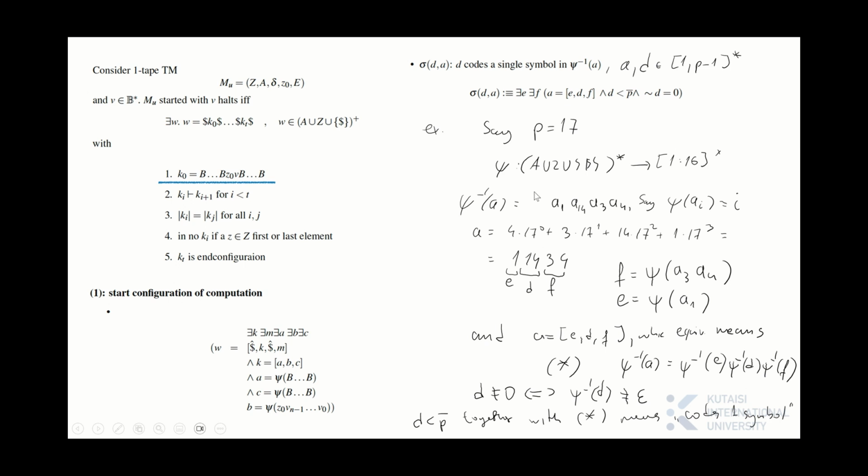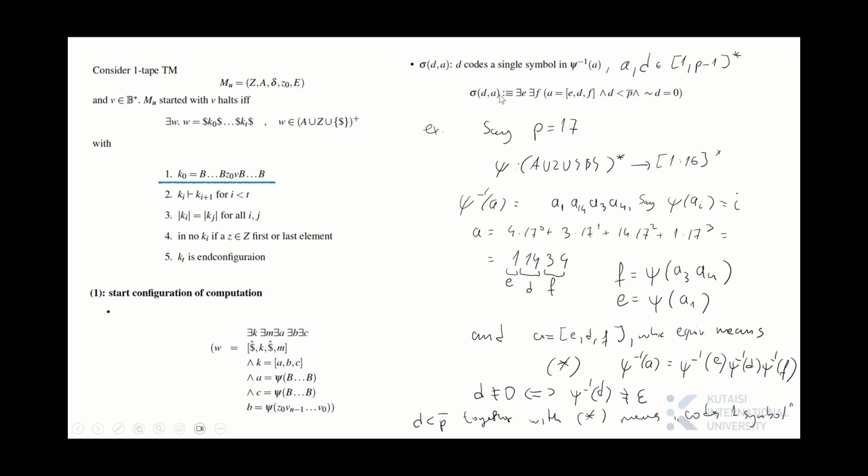For this, we use this nice little trick that there is a predicate sigma D A, which is true if and only if D codes a single symbol in A. Meaning D is a number, A is a number, so strings as numbers again. A is a longer number which codes some string coming from here, from the configuration basically.